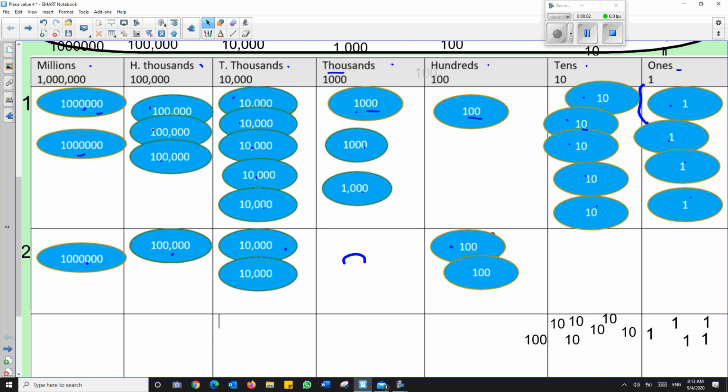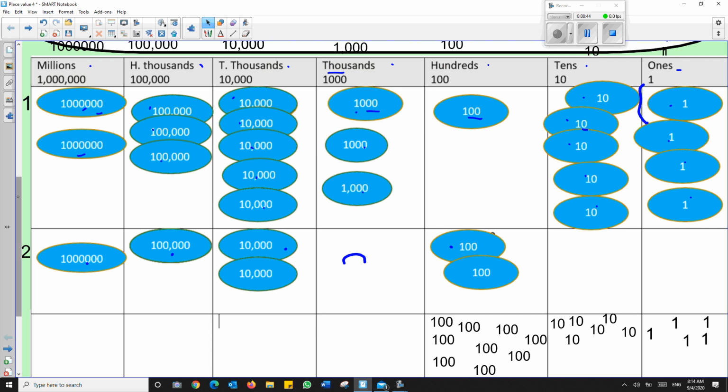1, 2, 3, 4, 5, 6, 7, 8, 9. So the 9 hundreds.